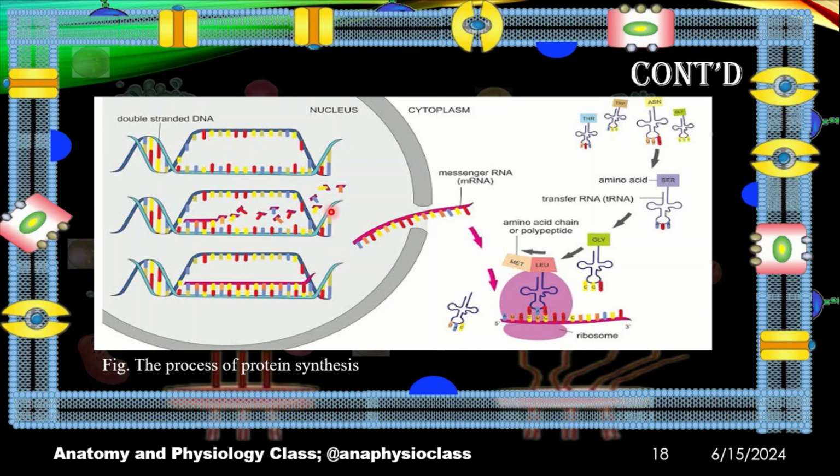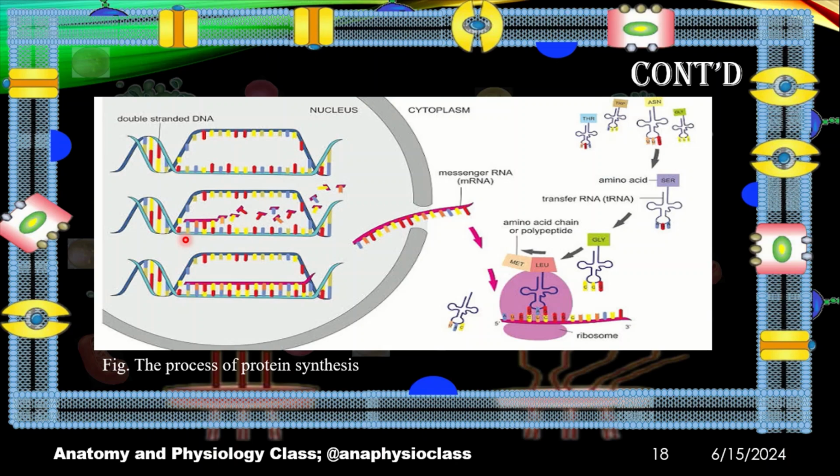After it divides DNA into two strands, the base pairs of RNA will come and copy that segment of DNA. Remember we said where we have adenine.